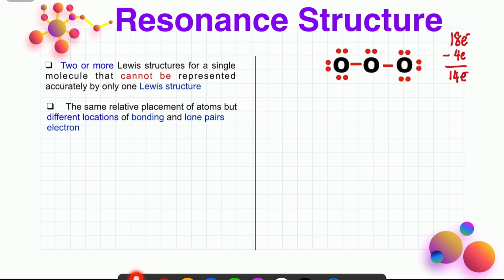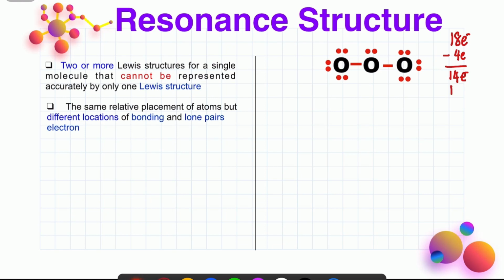Next, you have to complete the lone pairs on the terminal atoms. Each terminal oxygen has 3 lone pairs, equivalent to 6 electrons for each atom, and the total for the 2 surrounding atoms is 12. 2, 4, 6, 8, 10 and 12.